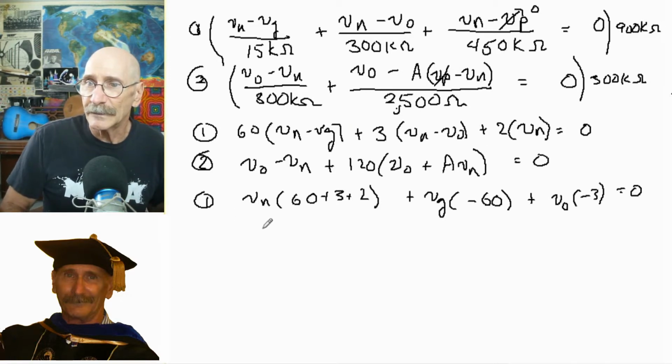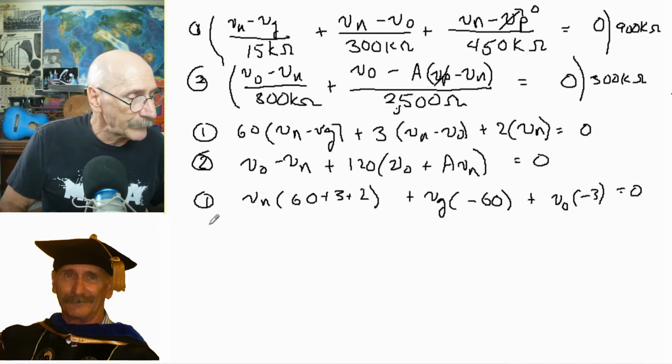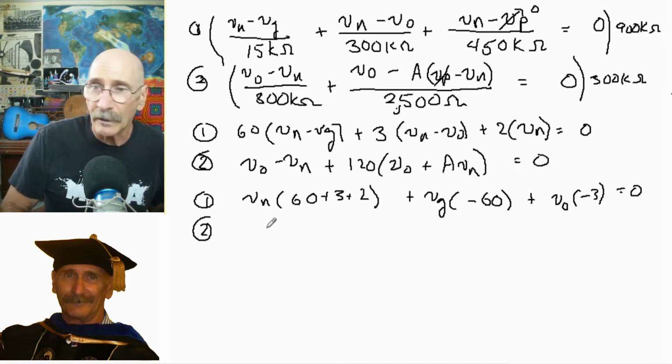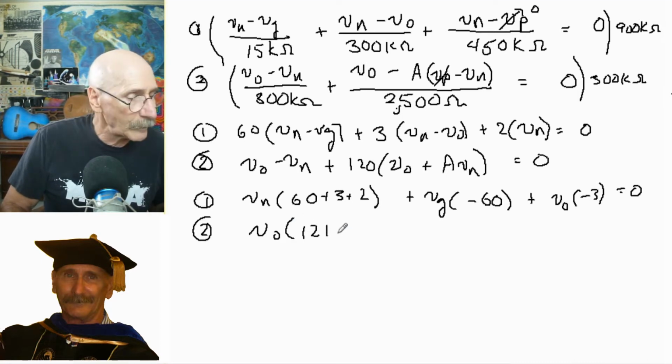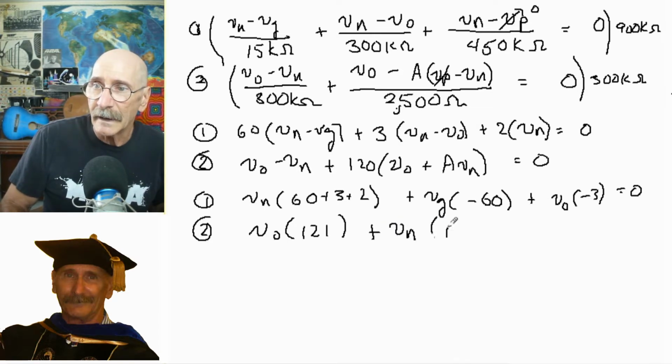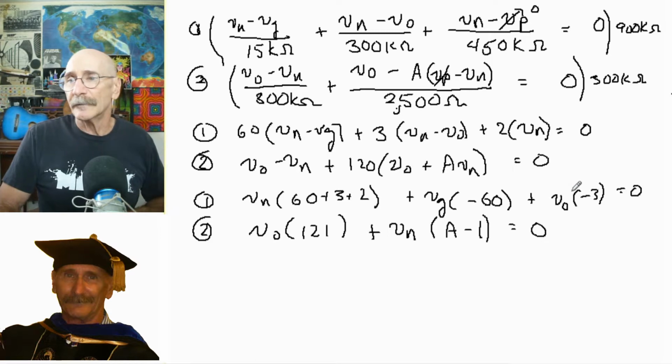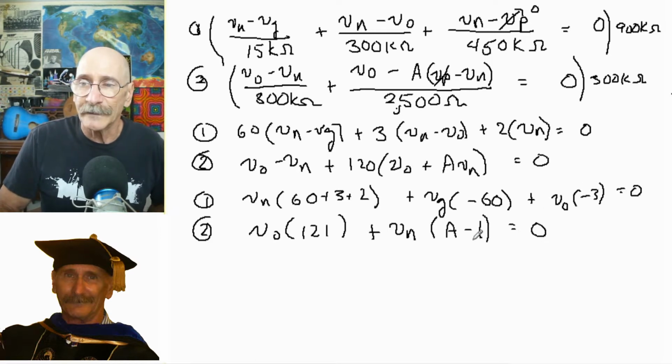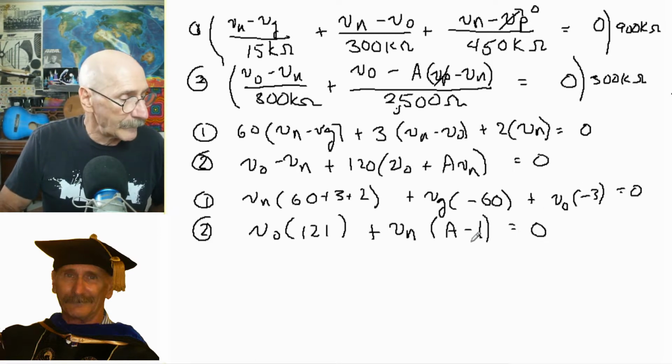In equation 2, we'll do a little term collection also: Vout times 121 plus Vn times A minus 1, and that adds up to 0. Now A is equal to 400,000, so that minus 1 is probably not going to do a lot.